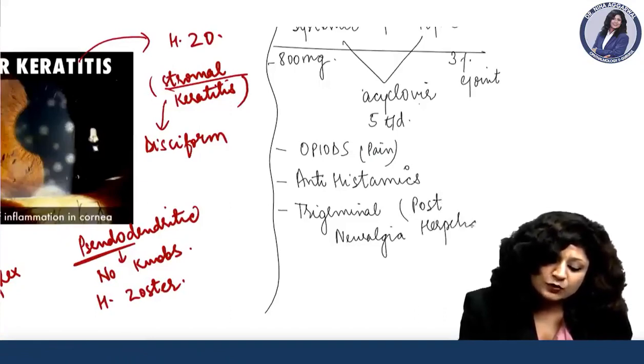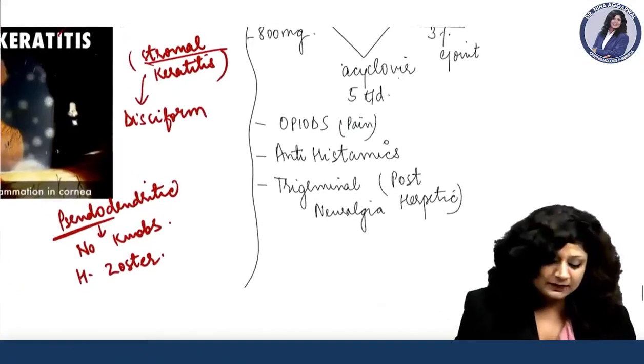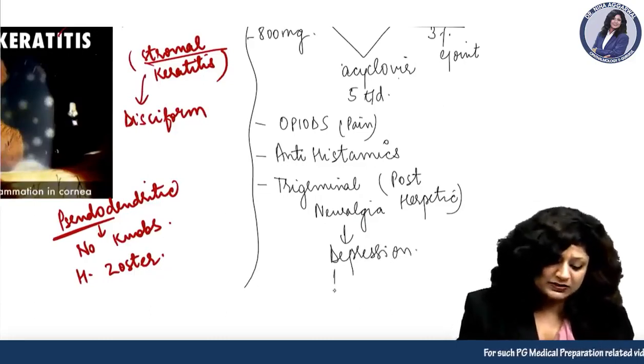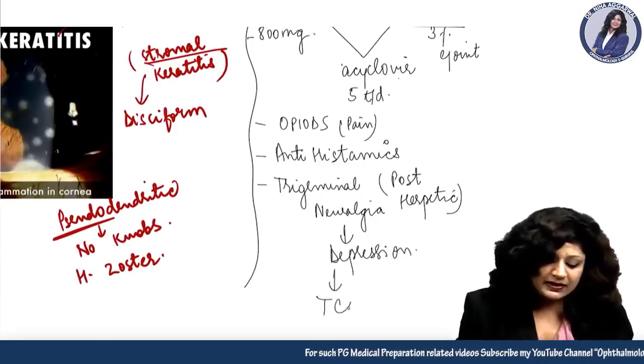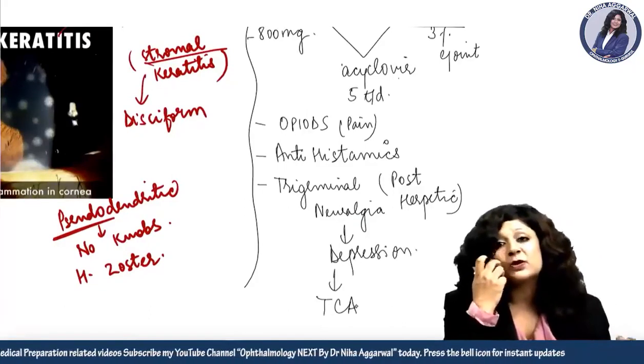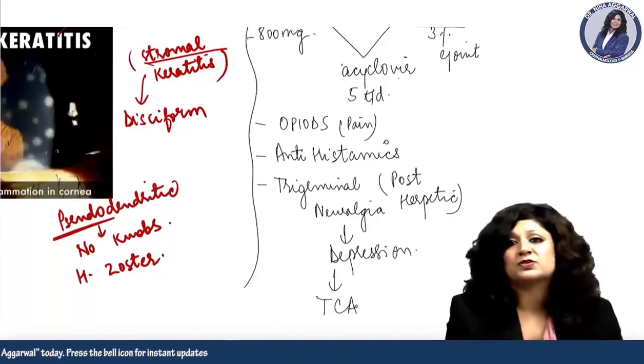Even when the acute phase is passing, the patient continues to have pain. A lot of patients go into depression. For this depression, what we can give are tricyclic antidepressants. Usually we use amitriptyline. So likewise, because you are having systemic involvement also, you have to give systemic treatment also.